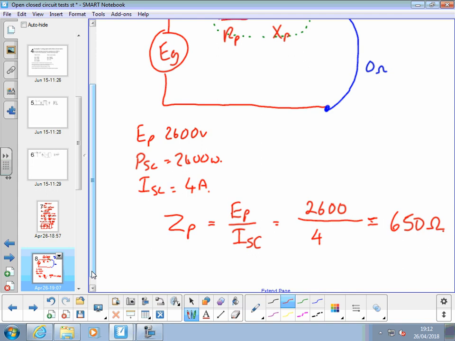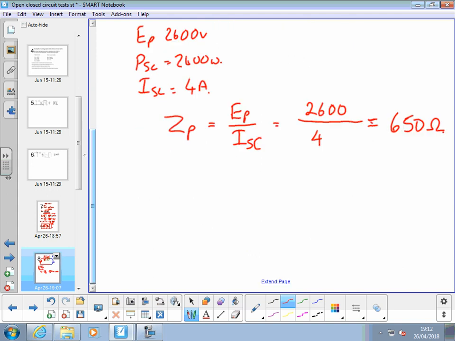Once you've got any two legs of those triangles, you can find the third one. So we can find RP from P short circuit over ISC squared.